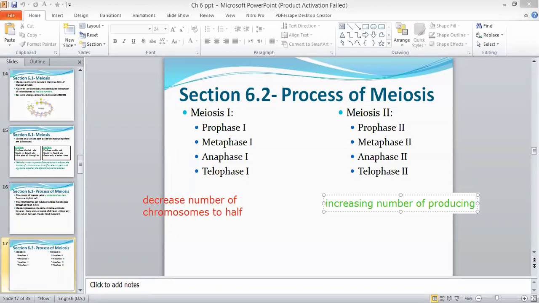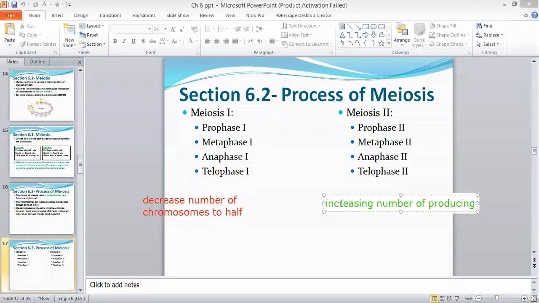Who can tell me how many cells are produced from mitosis division? Mitosis or meiosis? Mitosis. 2.